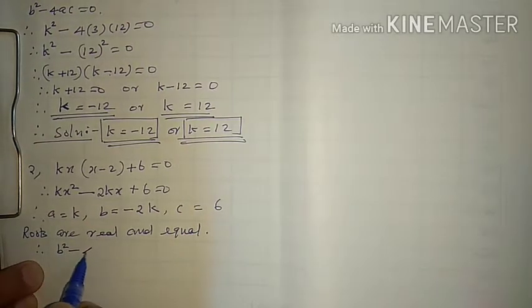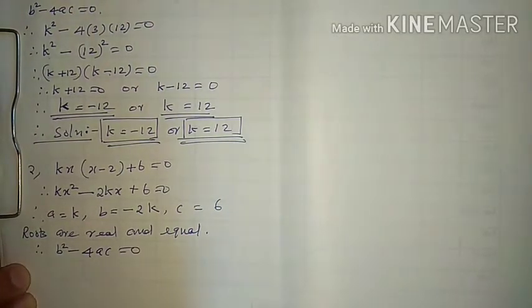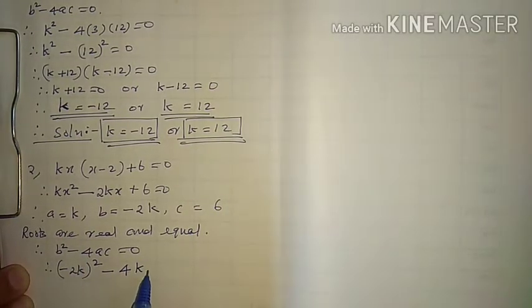Therefore, what happens? Discriminant b square minus 4ac is equal to 0. B is minus 2k, the square, minus 4 into a is k into c is 6. B square minus 4ac equal to 0.